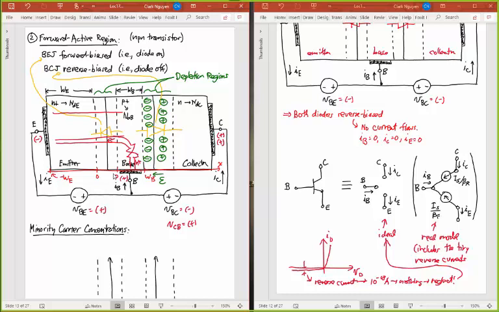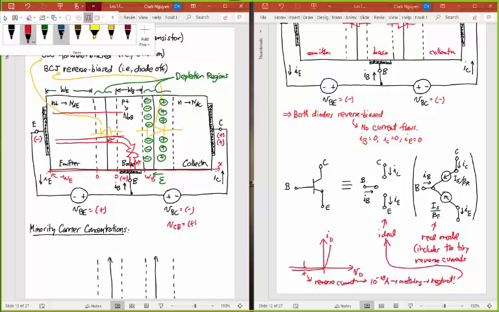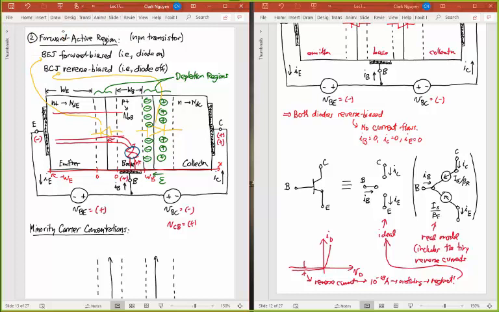Those are electrons, those are holes, and they will annihilate each other. So they'll recombine and annihilate. Let me use a different color there. So what happens here is what we call recombination of electrons and holes.